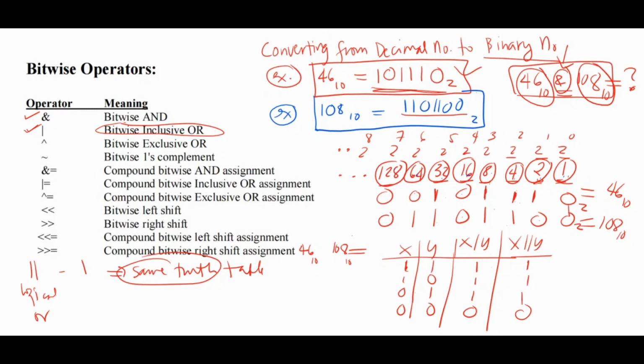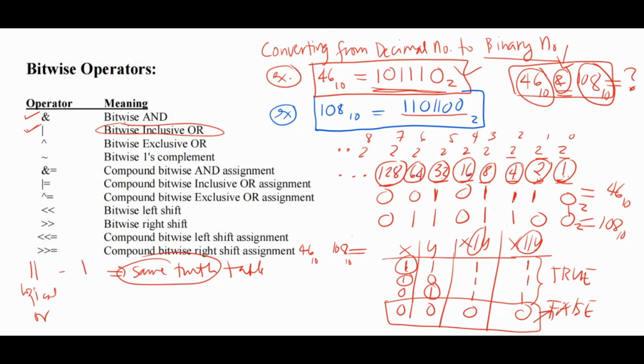So recall that for the logical operator or the bitwise inclusive OR, the result is true when at least one operand is true. The only way it would result to false is when all the operands are false, or zeros.